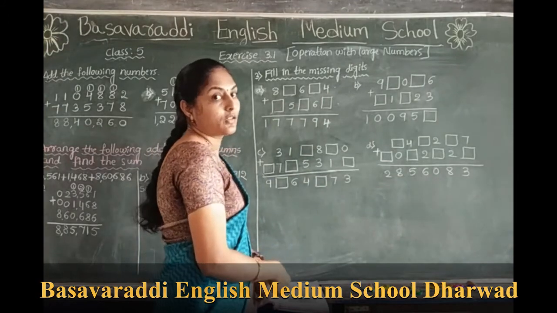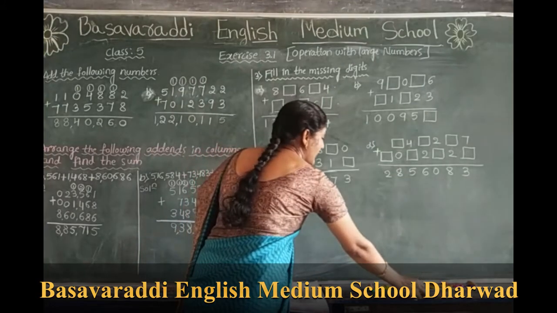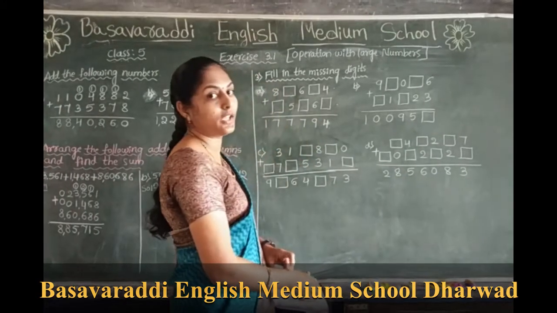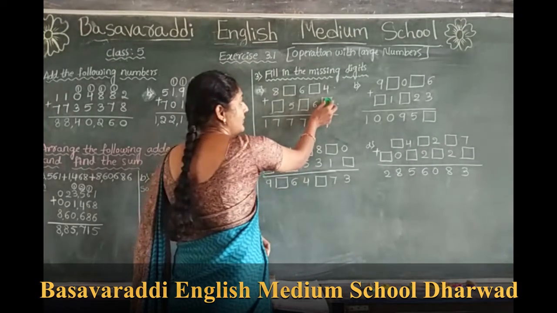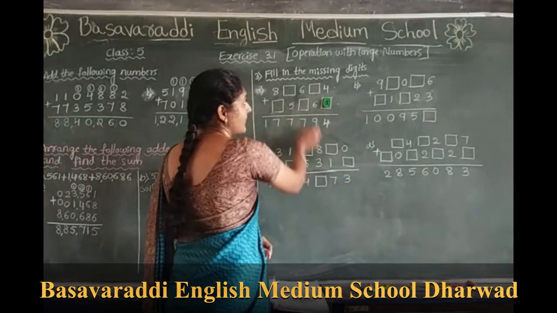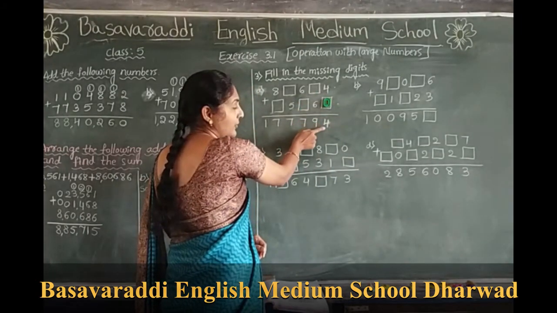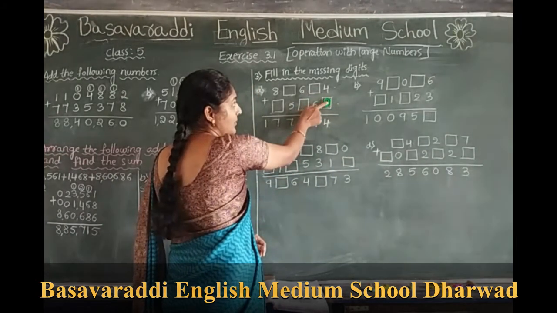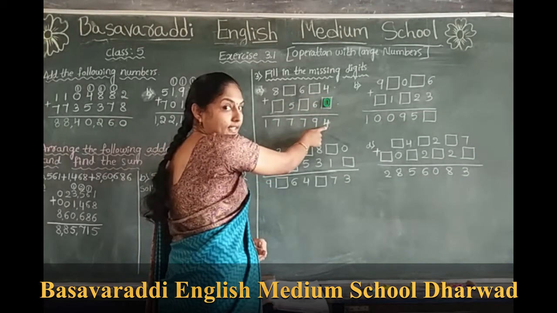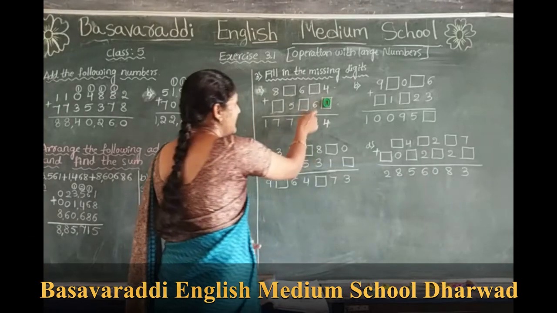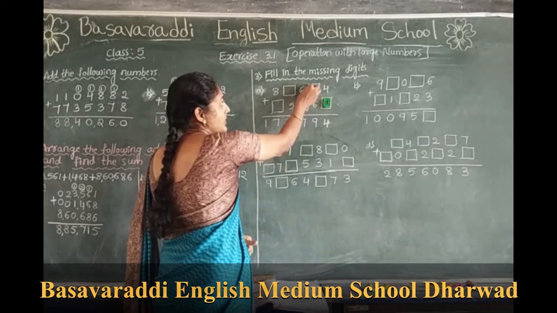Remember the first rule there. If you add 0 to any number, the number remains itself. Look here. 4 plus 0 is 4 there. If you add 0 to any number, you get the same number there. Okay. Go to the tens place number. Here also one box.